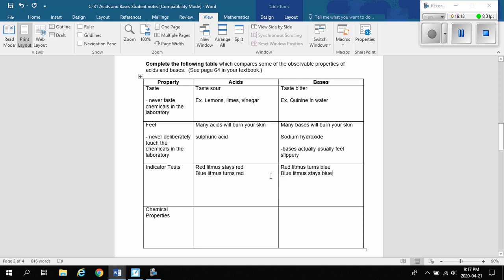Some of the other ones that we usually use when I'm doing demonstrations is something called phenolphthalein. I always have to look at the spelling because there's way more consonants in a row than you want. So phenolphthalein in an acid turns colorless, whereas in a base it turns this really bright pink.